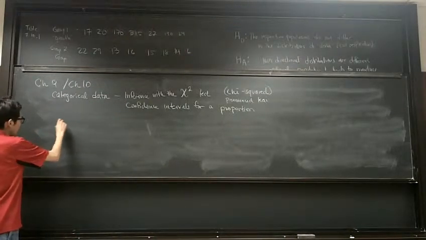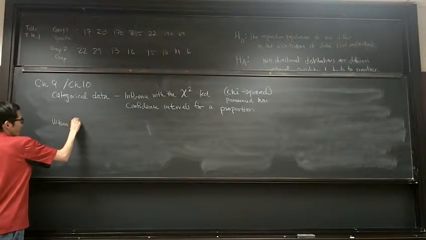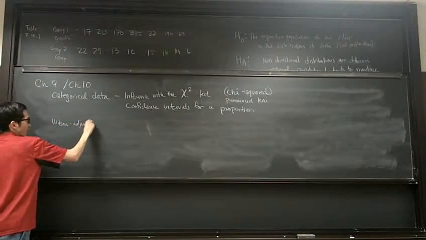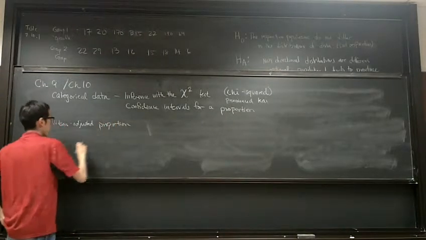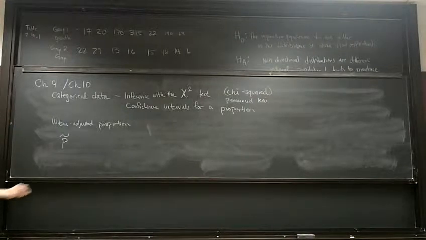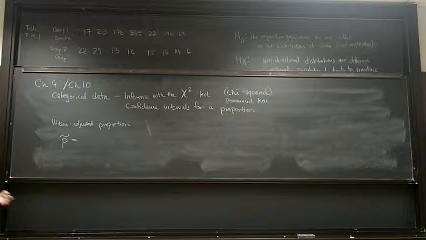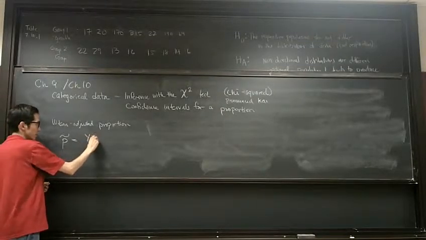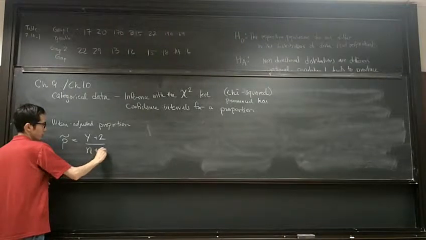Our book uses something called the Wilson adjusted proportion. So p tilde is equal to the number of successes plus 2 over the total number of observations plus 4.